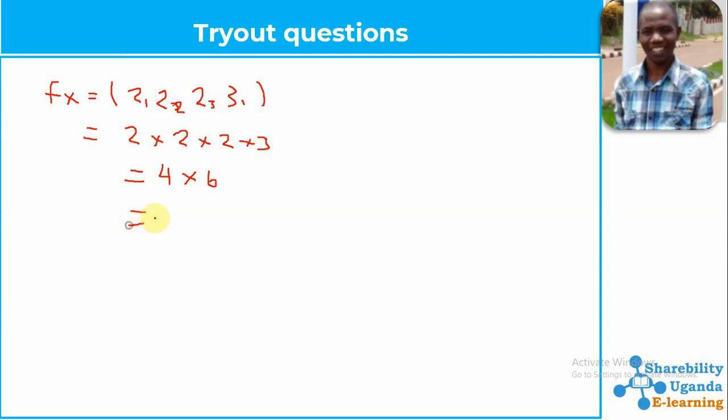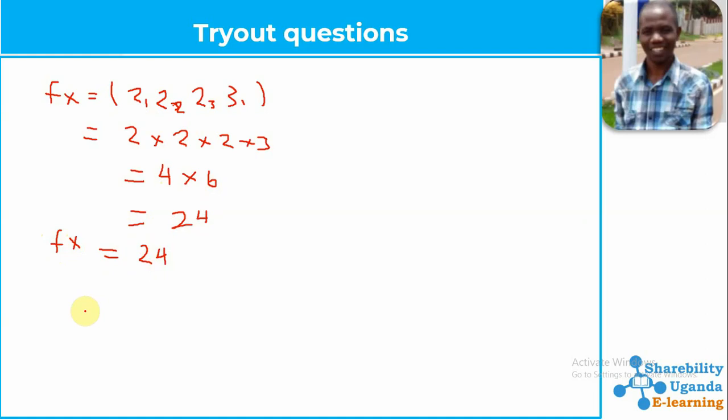So our final answer here is 4 times 6 is 24. So now this simply means that our f of x, our prime factors of x, are these ones, and our x is going to be equal to 24.